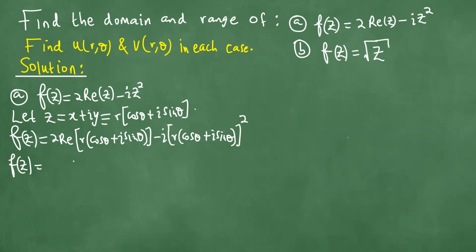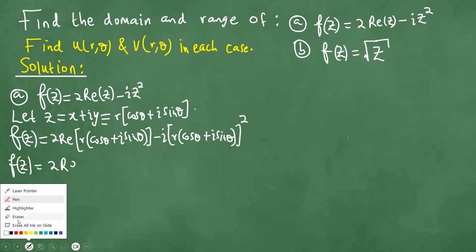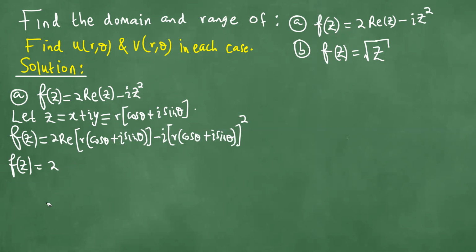So what do we get out of this? Now, this one here is actually exactly 2 into the real part. That's what you're going to take. So the real part is going to be r cosine theta, twice r cosine theta.